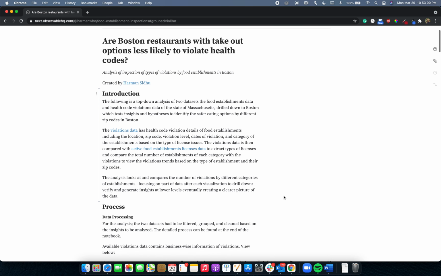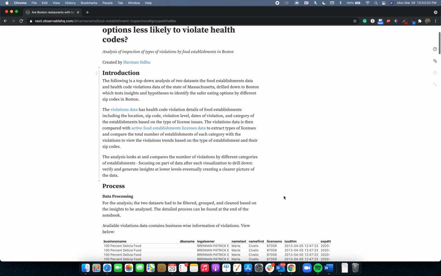Before I dig deeper into the analysis, I will give an introduction to the data. This analysis is a top-down analysis of two different data sets. One is the food establishment data: what kind of restaurants are there in Boston, and what license type they have acquired.